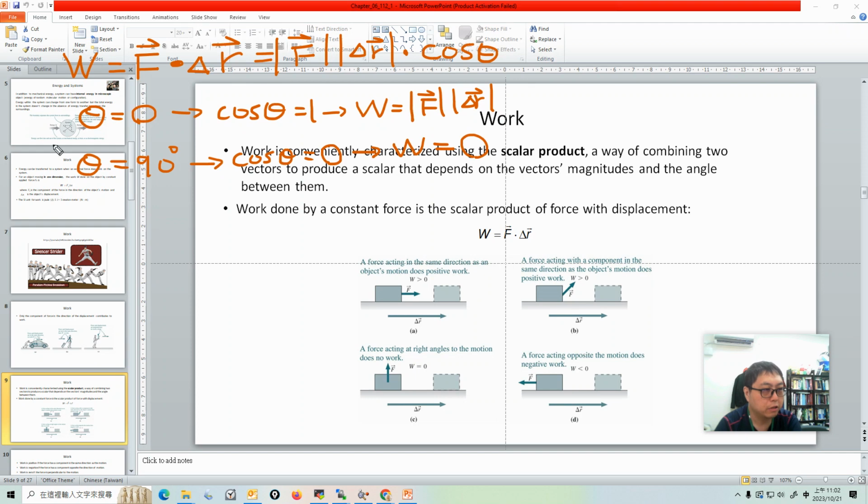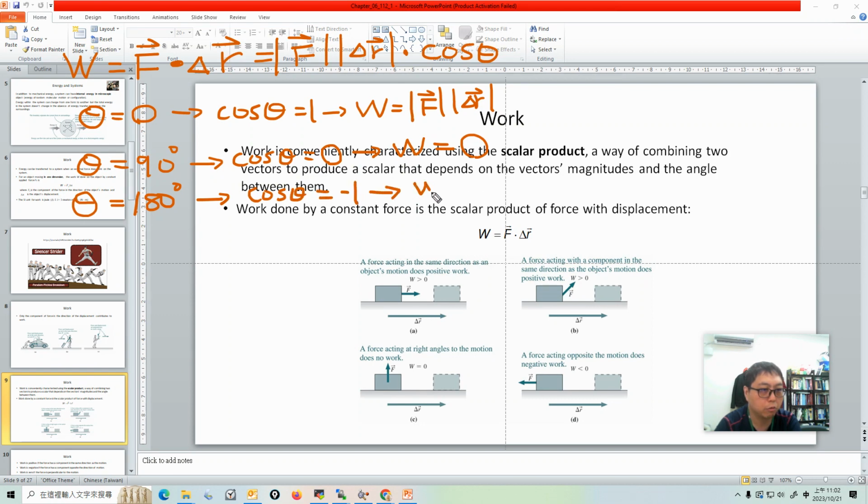Let's talk about another very interesting situation. If the angle between the force and displacement vectors is opposite, that means theta is 180 degrees, and cosine theta is equal to -1.